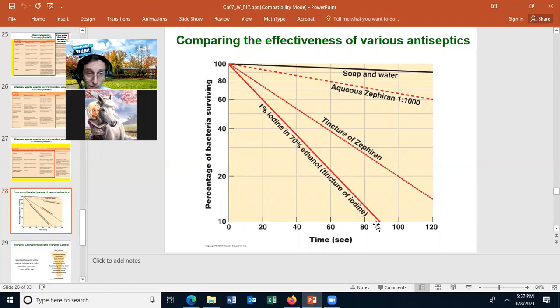You reduce the bacteria down to 10% in only 90 seconds of exposure. And of course, when they treat with iodine, at least on the skin, they mark the whole area with the iodine, and then it's there for a long period of time, killing cells. Any question about that?